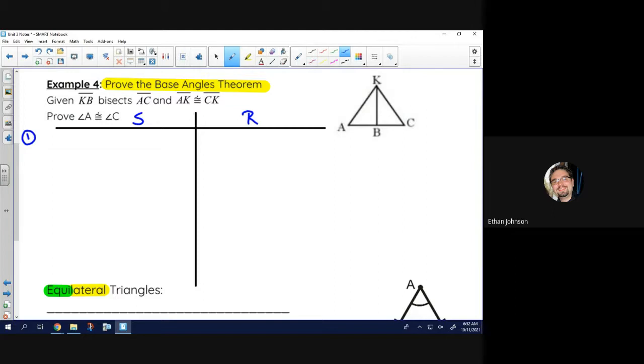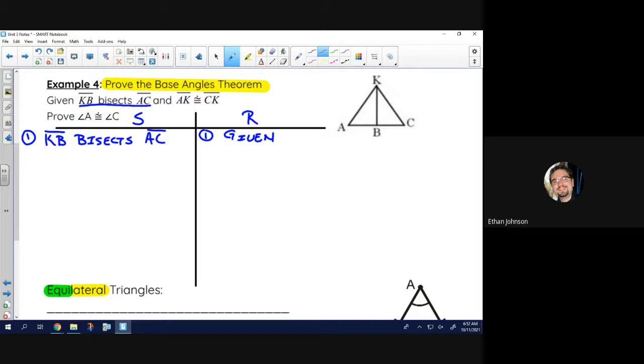So, first given, there are two of them. So we can say segment KB bisects AC, given. So, what does that mean?